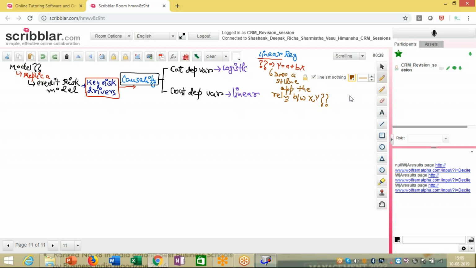The objective of developing any regression model is to reach the best fit regression line.